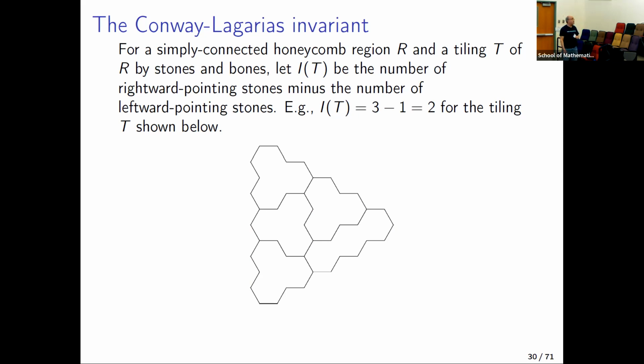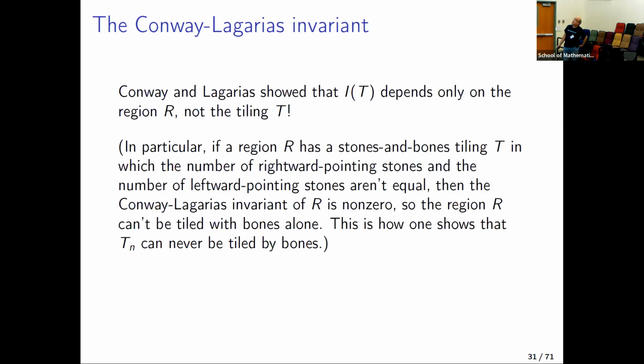That turns out not to depend on the tiling. All the tilings of that region will give you that same value, okay? And this is one way you can prove that a region can't be tiled by bones alone, if you can construct a tiling in which the number of leftward and rightward pointing stones are unequal.